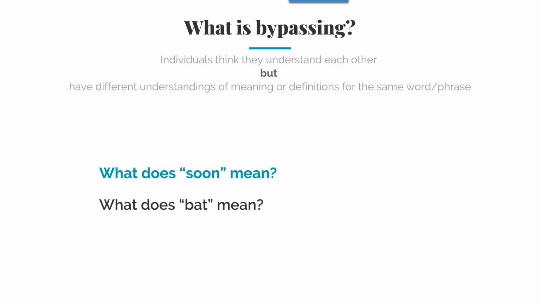Now, here we come to the biggest problem. Bypassing is when individuals think that they understand each other, but they have different understandings of meaning, or they have different definitions for the same word or phrase, right?